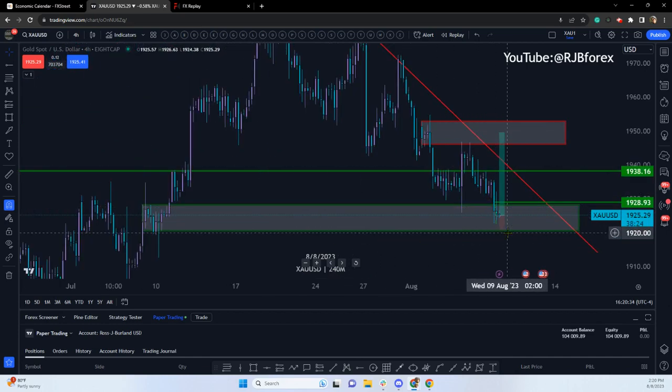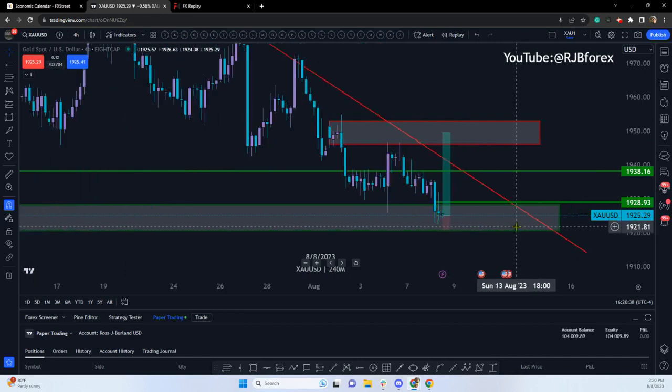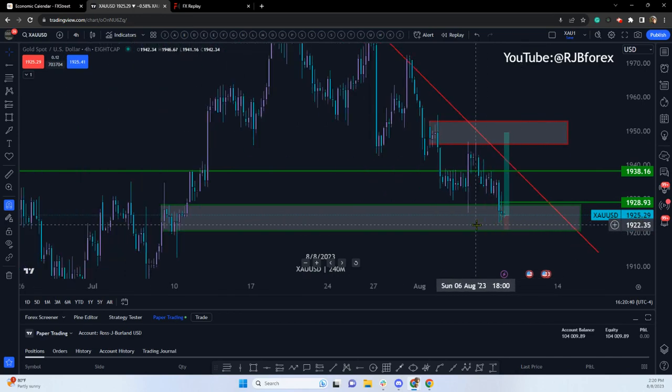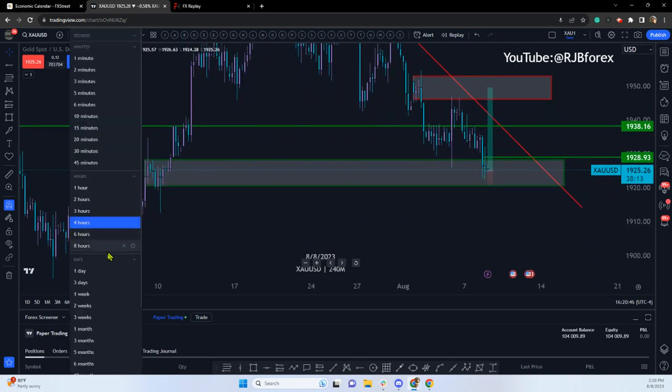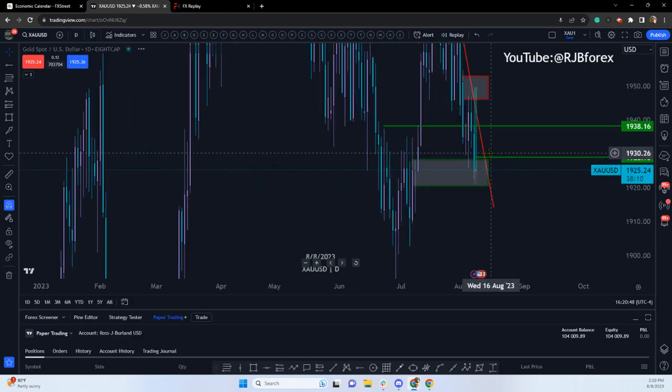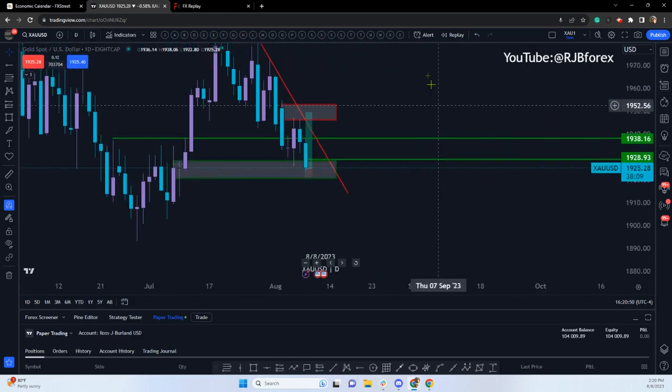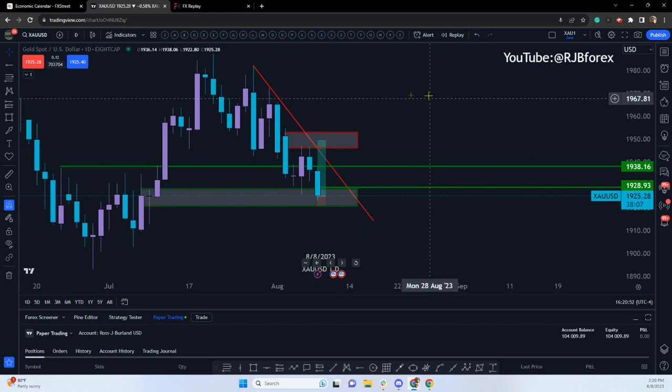Now, if we do manage to break these lows convincingly, then we're likely heading all the way down to our initial target area, which I believe we spoke about last Friday, or if not, it was recently.